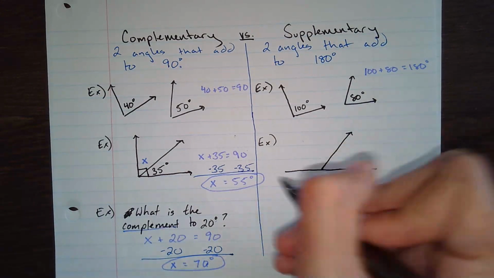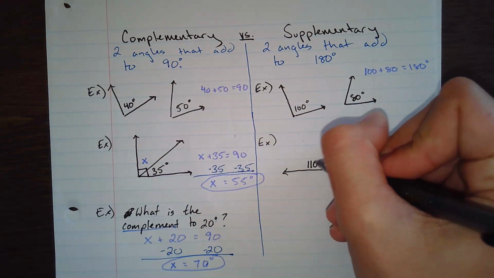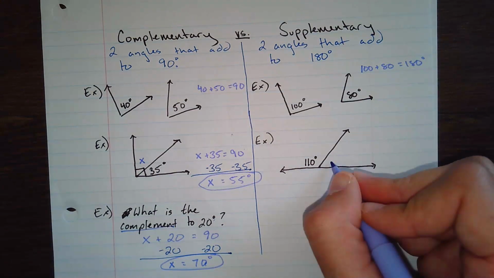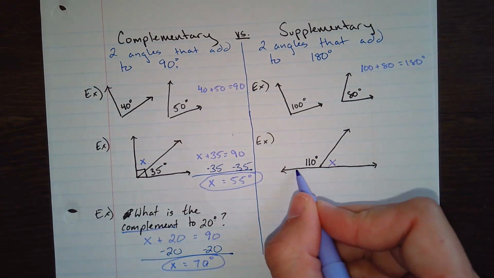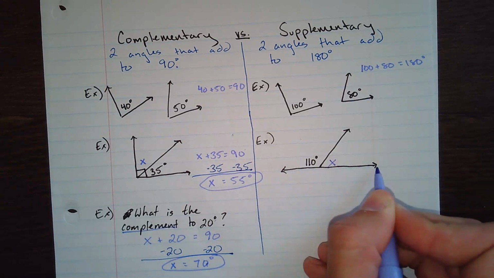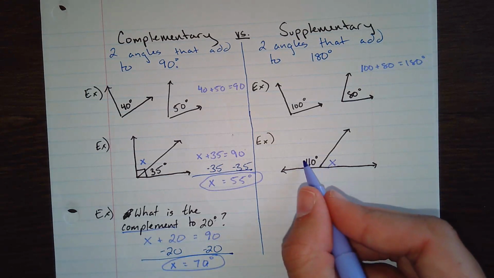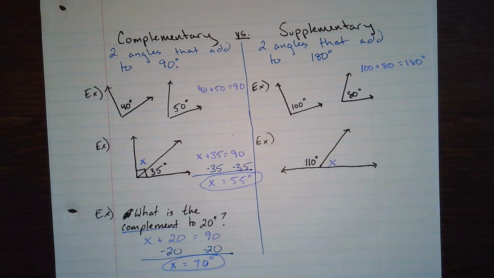Or you might see a picture like this, where we know that this is 110 degrees and we don't know what this part is. We'll notice that this forms a straight line, okay? And like we talked about earlier, anything that is a straight line is 180 degrees. So these two things together have to make 180 degrees.